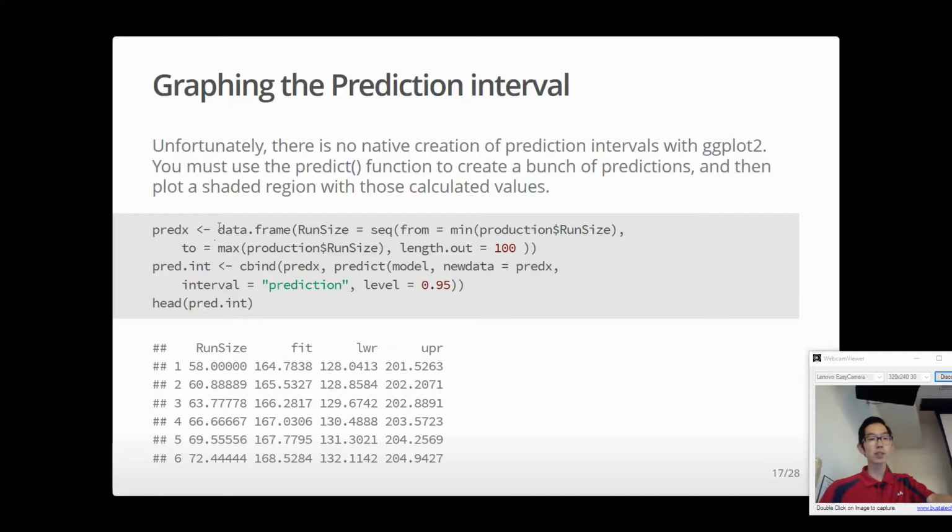Essentially I'm creating a data frame and defining new values of run size, sequencing from the smallest value in our run size to the largest value that we see in our data frame. We'll talk about applications of regression, but you're not supposed to use your regression equation to make predictions outside of the range where you've collected data, right?